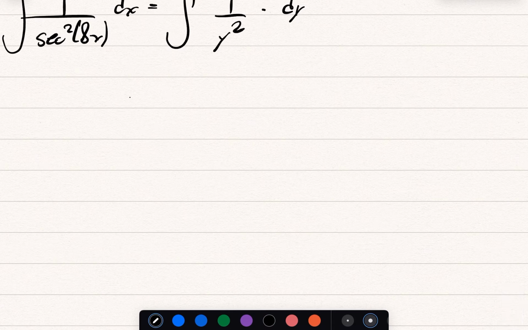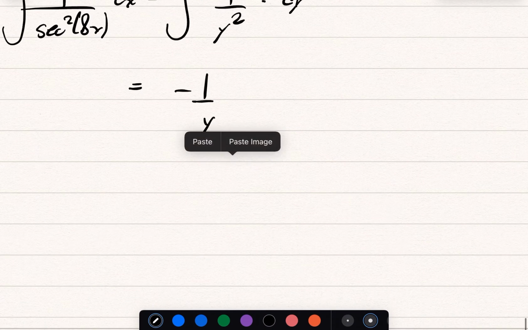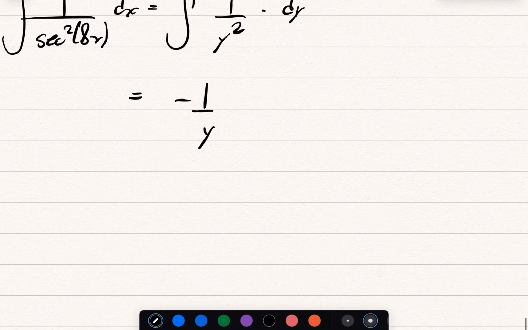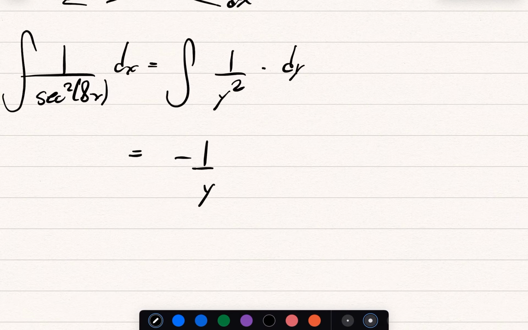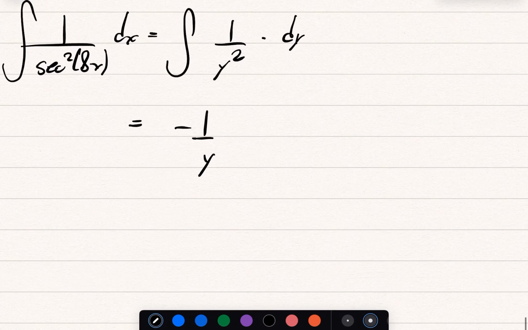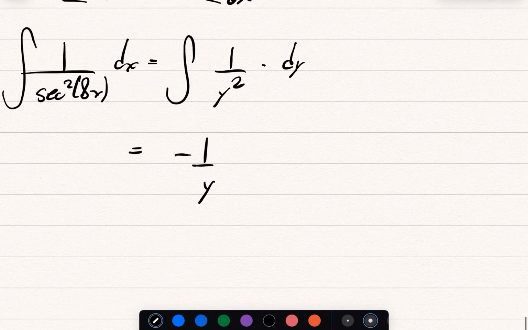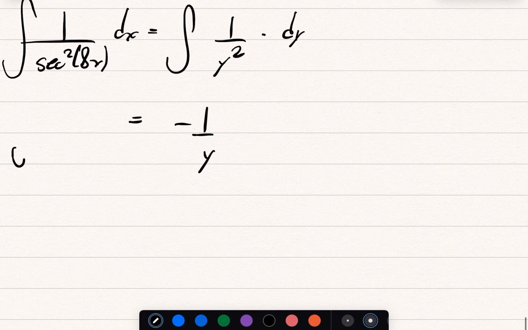Now, the left-hand side isn't going to be too bad. Negative 1 over y, we're done there. Right-hand side, which basically means it's going to be a bitch. It's going to be a crazy integral. Not that crazy, very manageable. Let's simplify a little bit before we start.